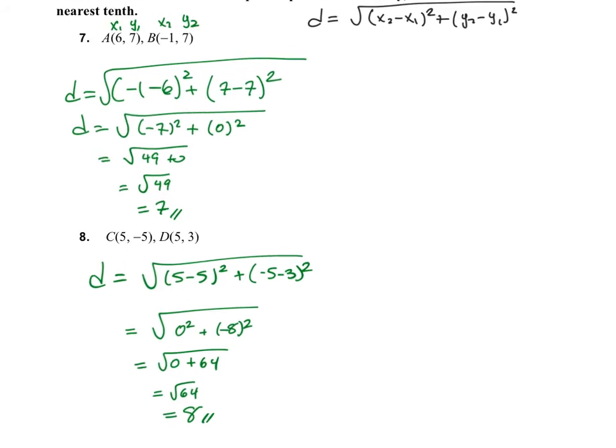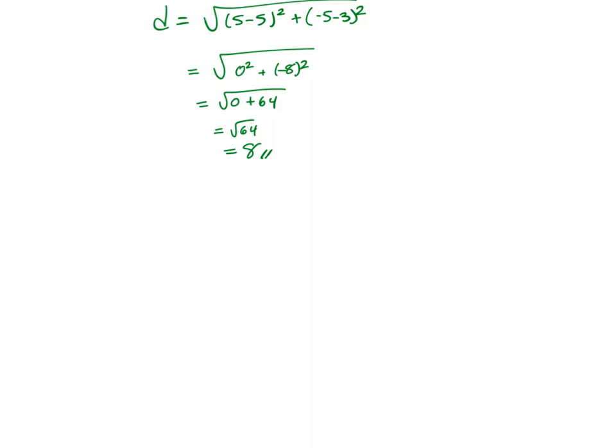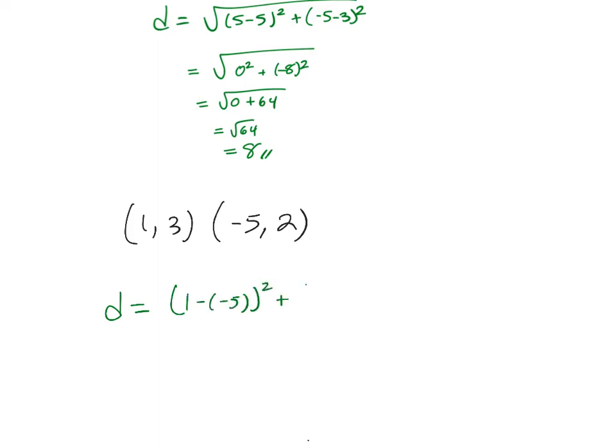Before that, I want to show you so you can see that. Let's find the distance for two other points, say point 1, 3 and point negative 5, 2, for example. So again, distance equals the square root of the difference of the x values squared plus the difference of the y values squared.